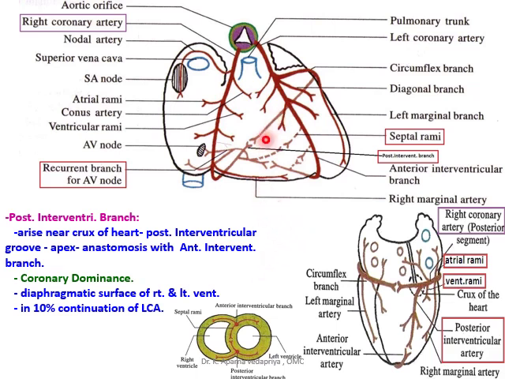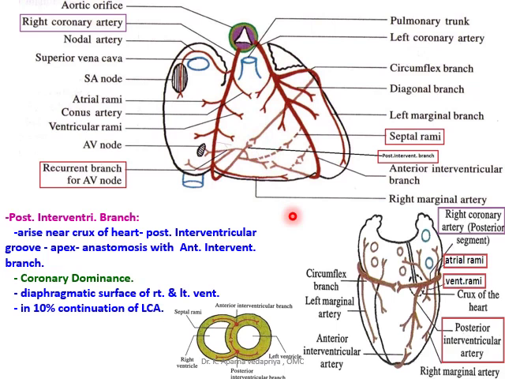If this posterior interventricular artery arises as a continuation of the circumflex branch of the left coronary artery, then that heart is considered to have left coronary dominance.